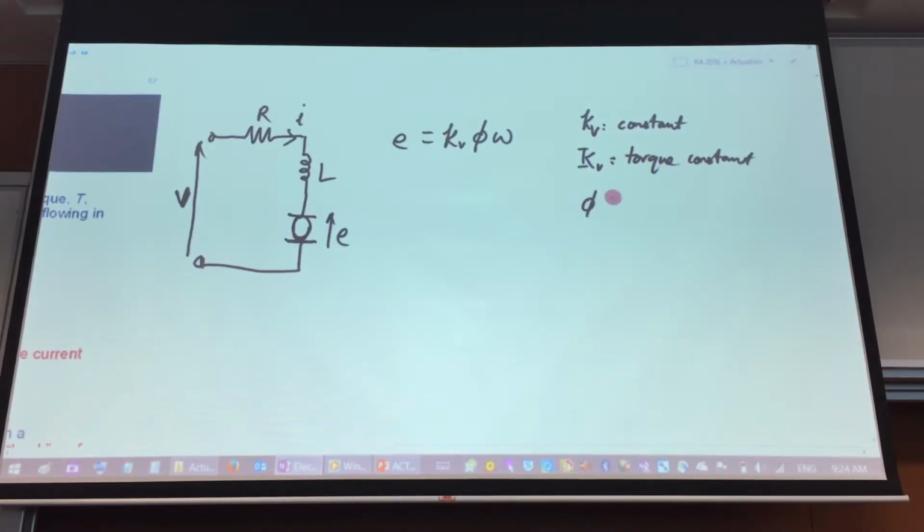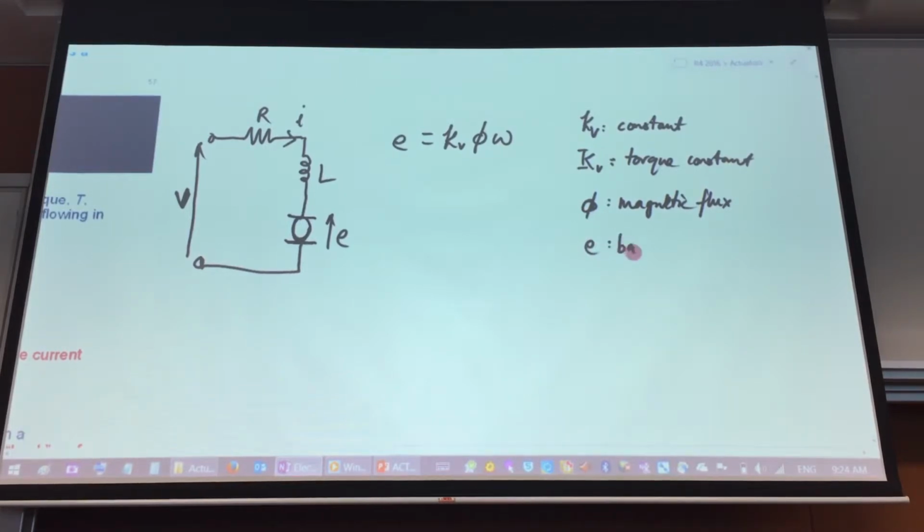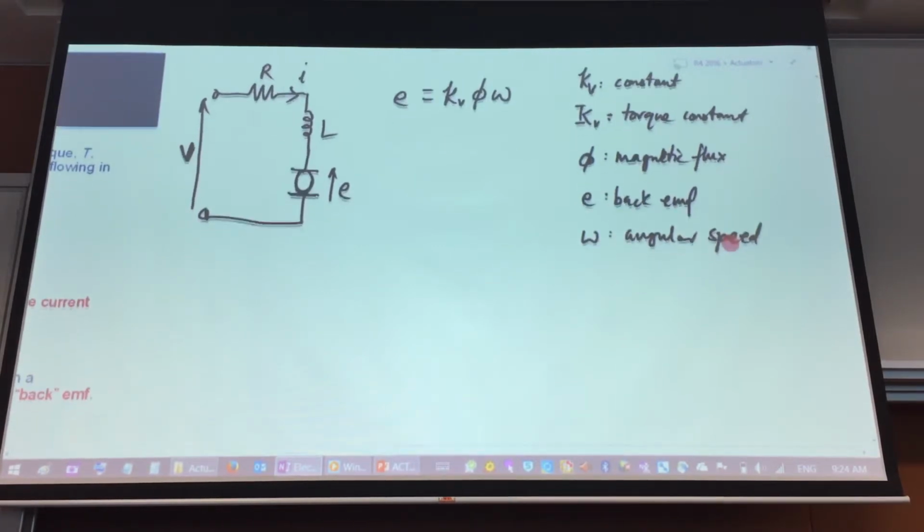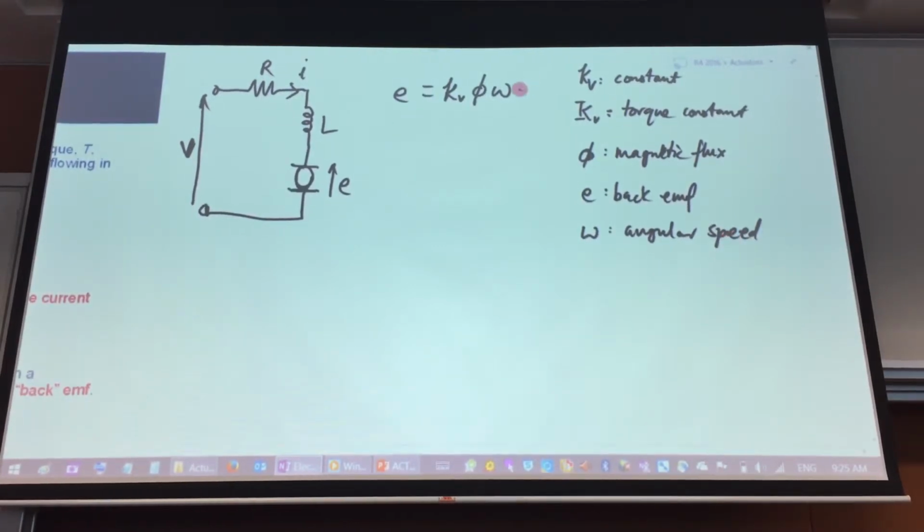The phi over there is your magnetic flux. Your E there is your back EMF. And your omega over there will be your angular speed. So you can see that the higher that angular speed is, the higher your back EMF is going to get. That's one equation. I'll call it equation 1.